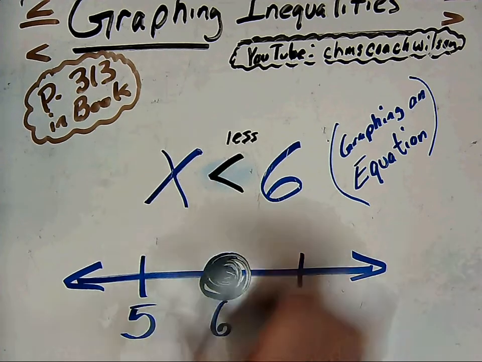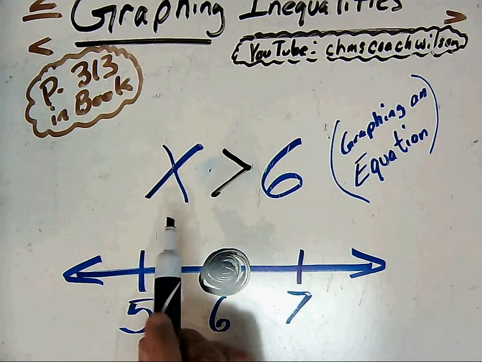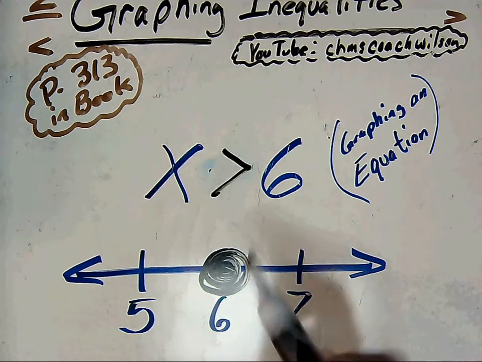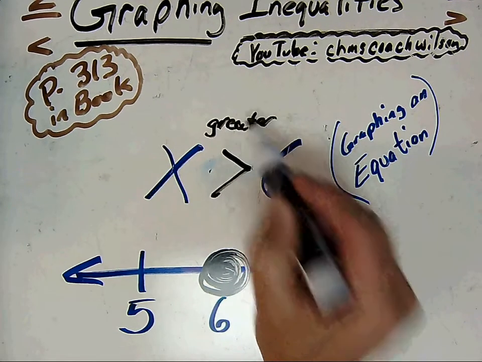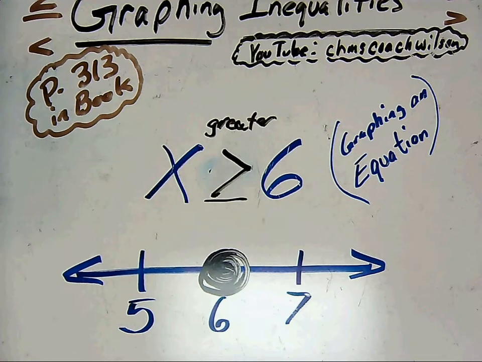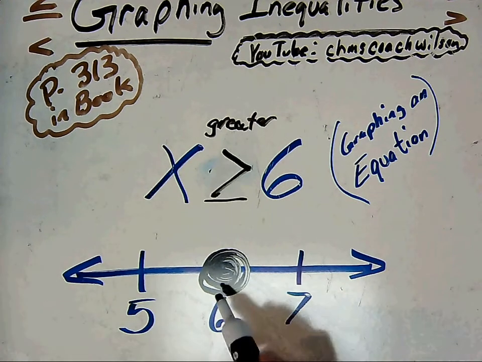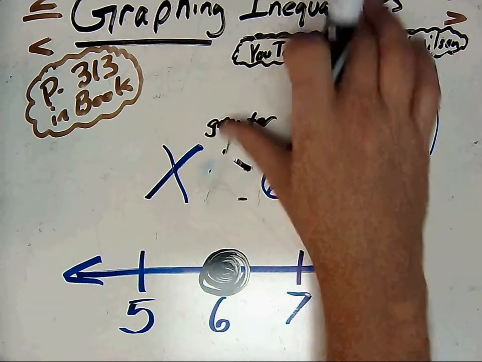If we have this symbol, that means x can be all the numbers bigger than 6, because this is the greater than symbol. So it could be 7, 8, 9, 10, 11, 12. And then you have these symbols. That means it could also be or include a 6. Alright, so let's get started.